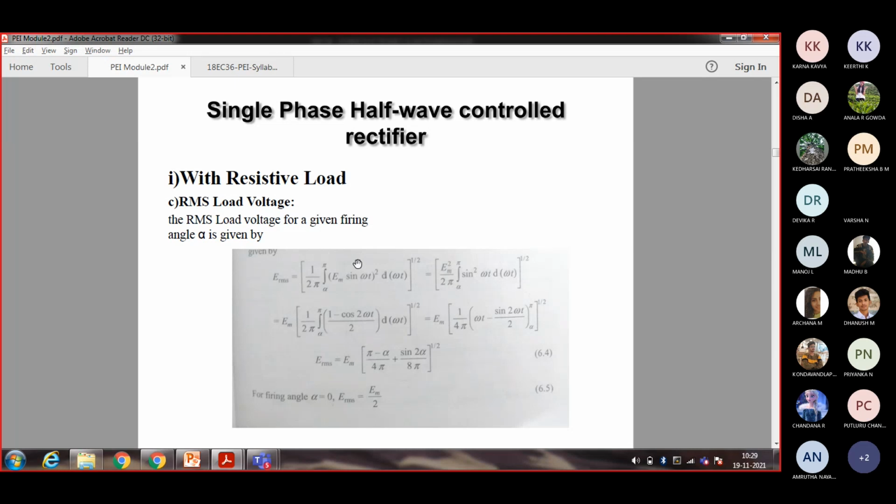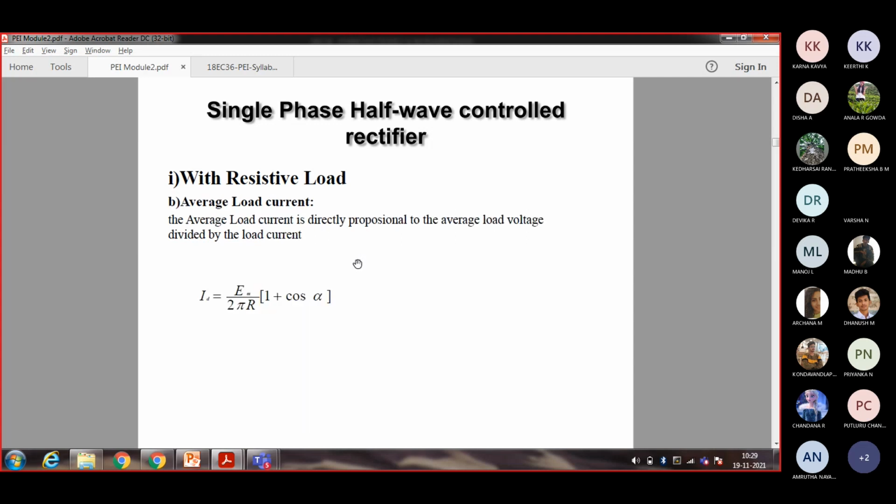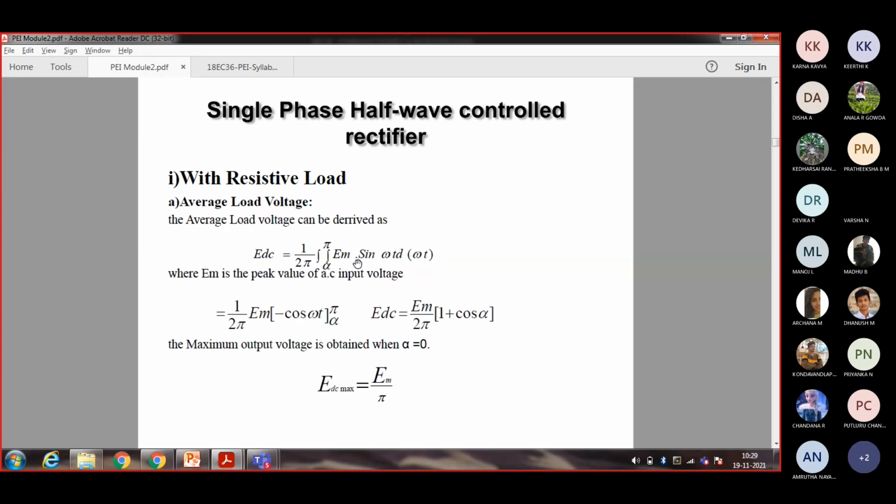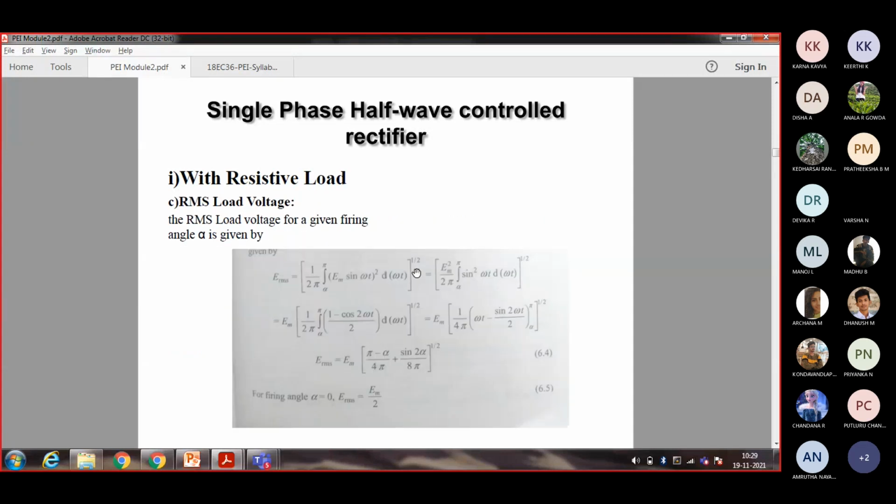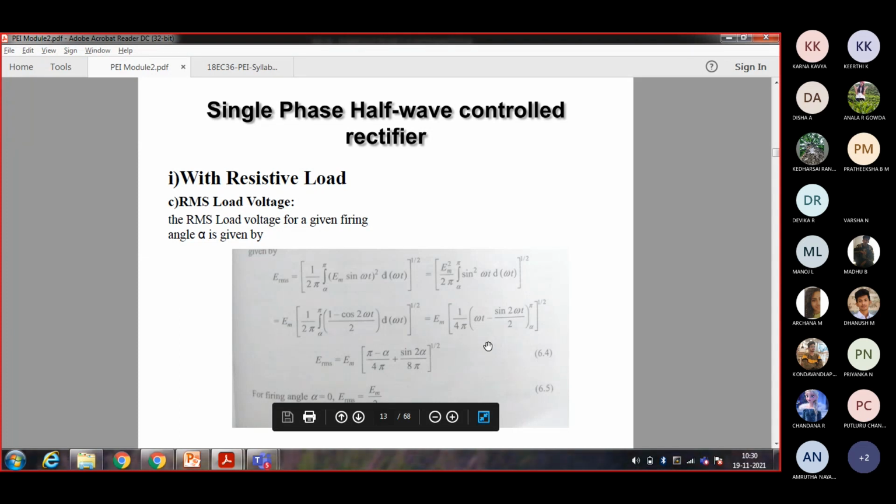Integrate it and you'll get the value. Finally, for firing angle alpha equal to 0, the RMS voltage is Em by 2. So you have to substitute the values when you go for sin omega t. Em is a constant value, so take it out as Em square.